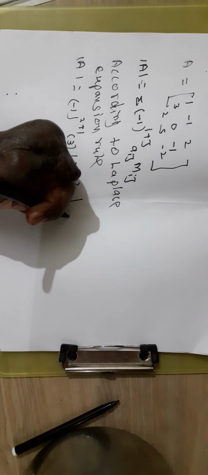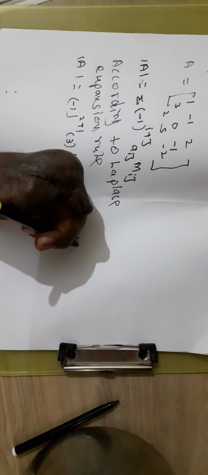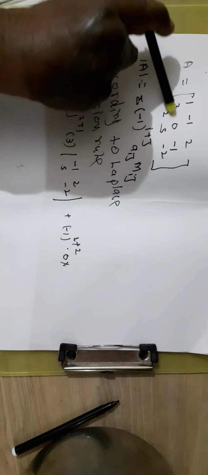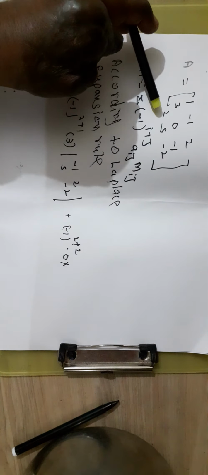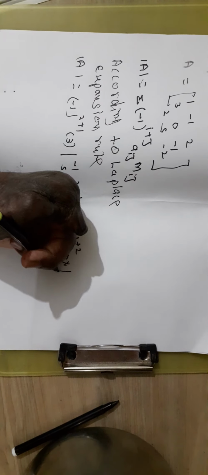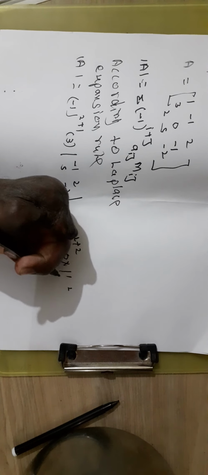Now plus (-1) raised to power 2 plus 2, A22, which is 0, into the minor of the 0. Deleting the second row and second column, we get the matrix 1, 2, 2, -2.